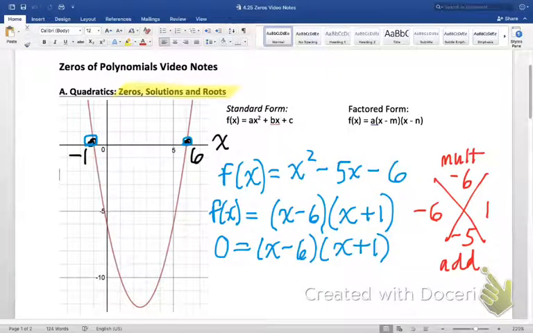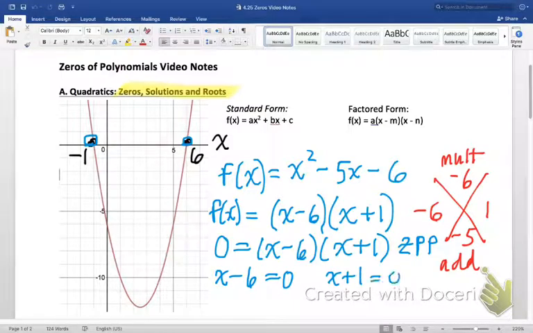And from here, you're using the zero product property. You're saying, okay, so that means that x minus 6 must equal 0, or x plus 1 must equal 0. And solving those two equations, I get x equals +6 and x equals -1.